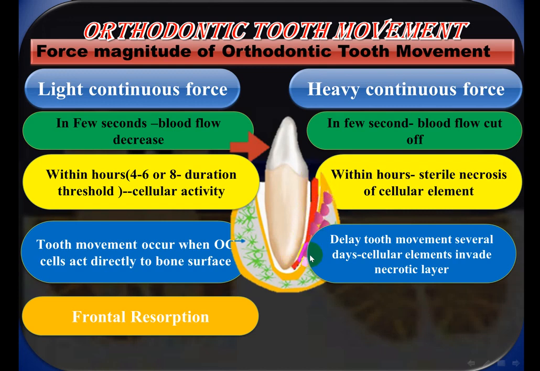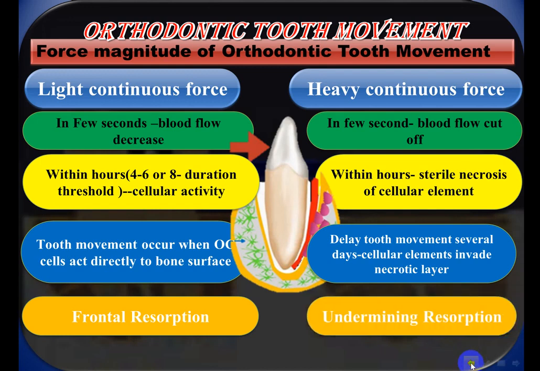This type of resorption, because it starts from the underside area of the lamina dura and proceeds to the compressed side, is called undermining resorption.